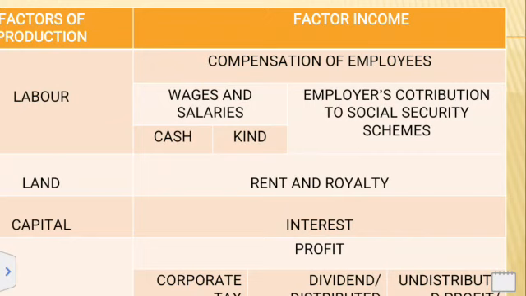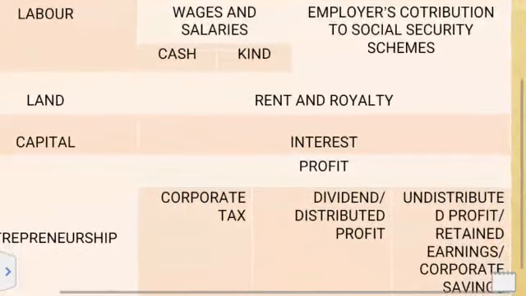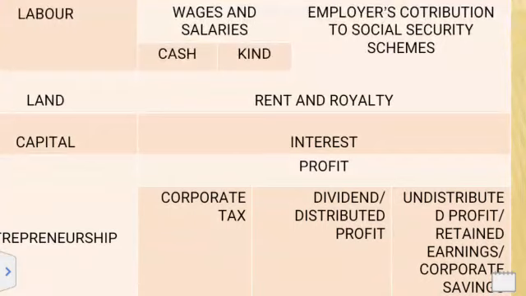Over and above wages and salaries, what is added is employer's contribution. So again, underline this employer's contribution. In the question you will have to see whether the component given is employer's contribution or employee's contribution. If it is employee's contribution, do not consider it. But if it is employer's contribution, then yes, it will be added as a part of compensation of employees.